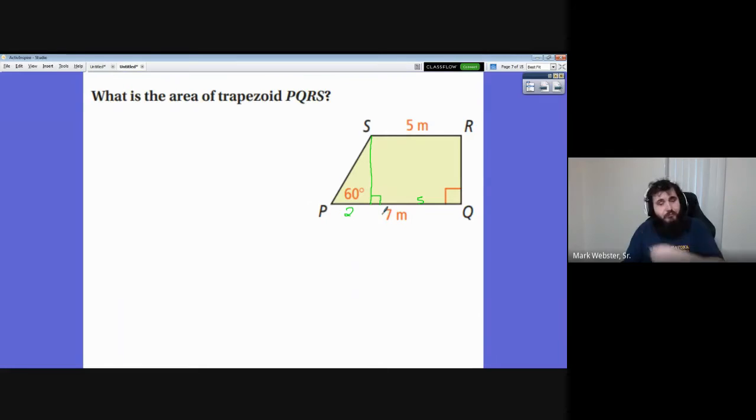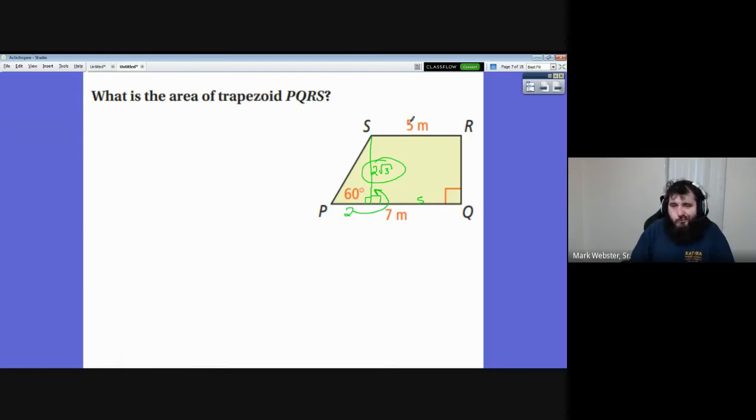Now, if you remember your 30, 60, 90 triangles, from here to here, around the 90-degree angle, you times by radical 3. So this is 2 radical 3. If we were going the other way, we'd divide, but we're going from small to big, so we're multiplying. Here's our height.